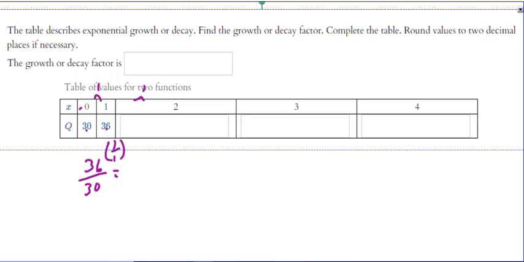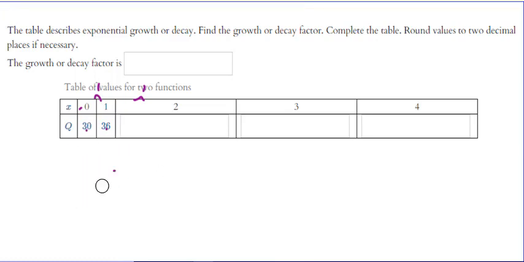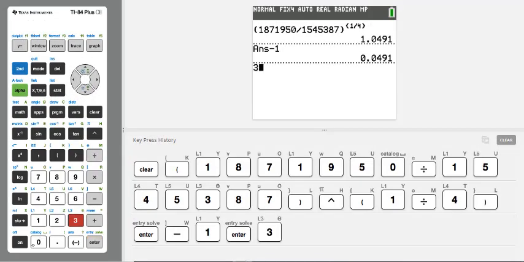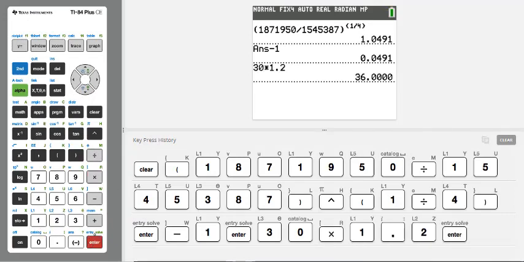So let me do this real quick, because 36 divided by 30 is 1.2. So if I take 30 and multiply it by 1.2, I get 36. If I take 36 times 1.2, let me show you what I've got. So 30 times 1.2 is 36.